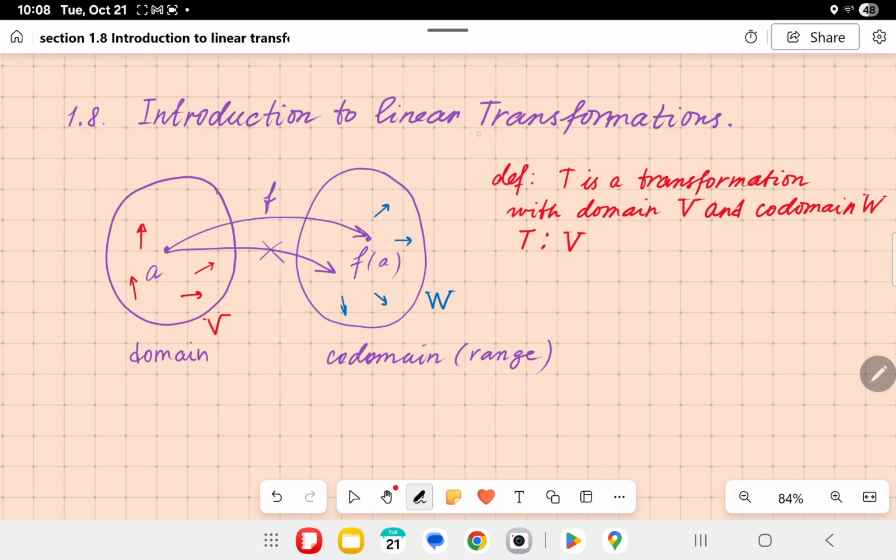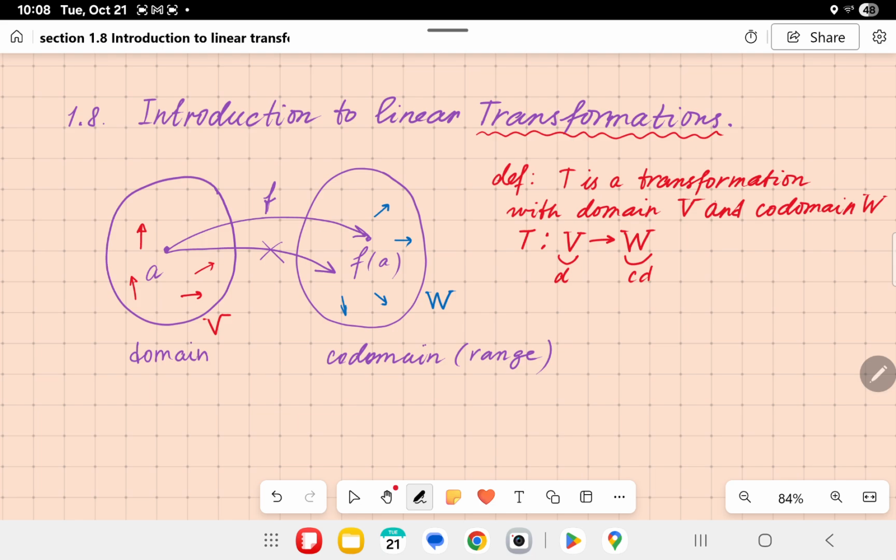And we call it T because it's a transformation. And we are going to show which vector space is related to which, this one is going to be domain and this one is codomain. I'm going to put here domain and codomain. Okay.